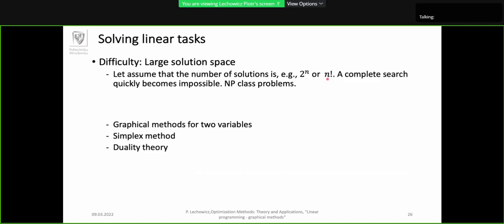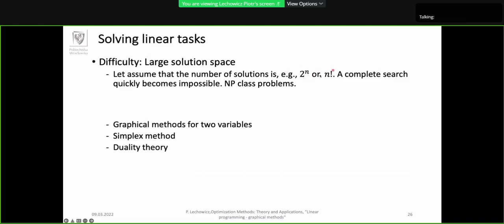So let's assume that, for example, this is the number of machines or number of tasks is equal to n, and if the complexity of the problem is expressed by such value as 2 to the power of n or n factorial, these are the problems where the solution space is increasing very, very rapidly with the size of the problem. And for such problems, complete search, checking every possibility, quickly becomes impossible for even very small instances.